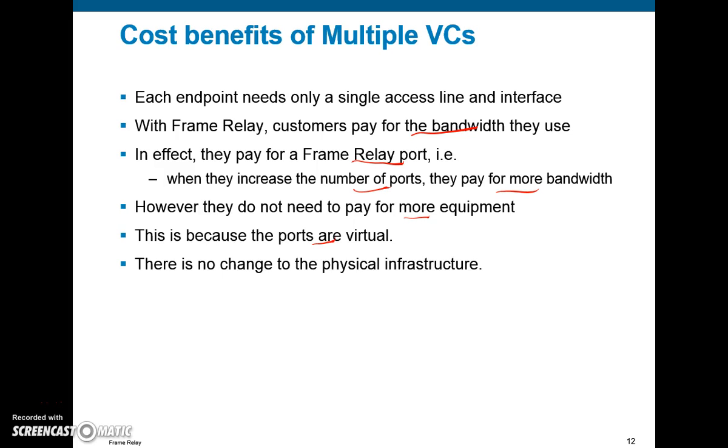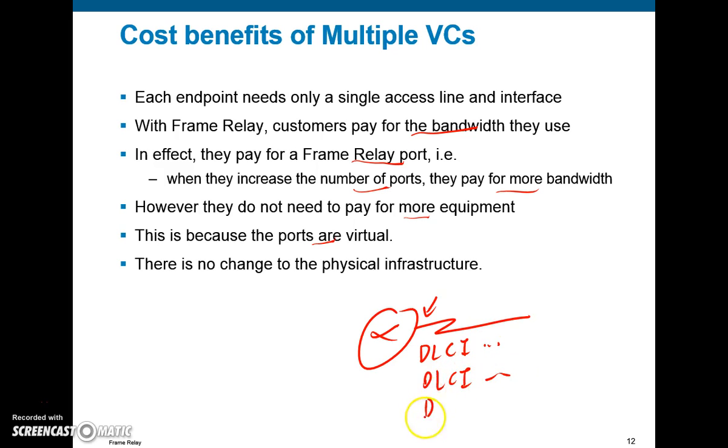So if I have 3 connections, all I need to use is 3 DLCI numbers or 3 virtual ports. Physically I only need one serial line, and just using different DLCI numbers, I can create 3 different connections to 3 different destinations.